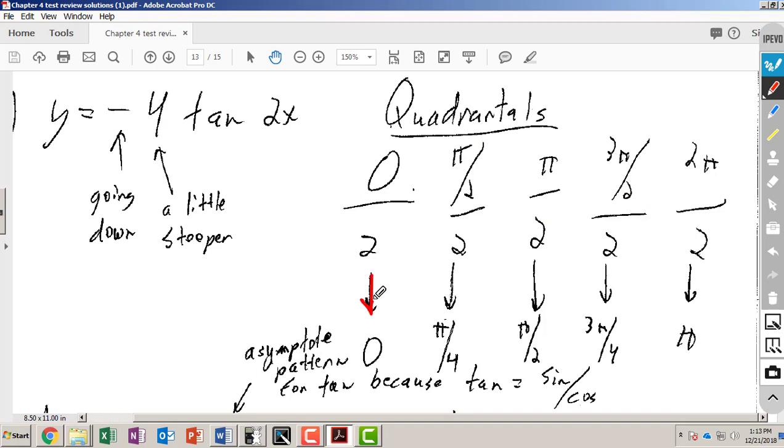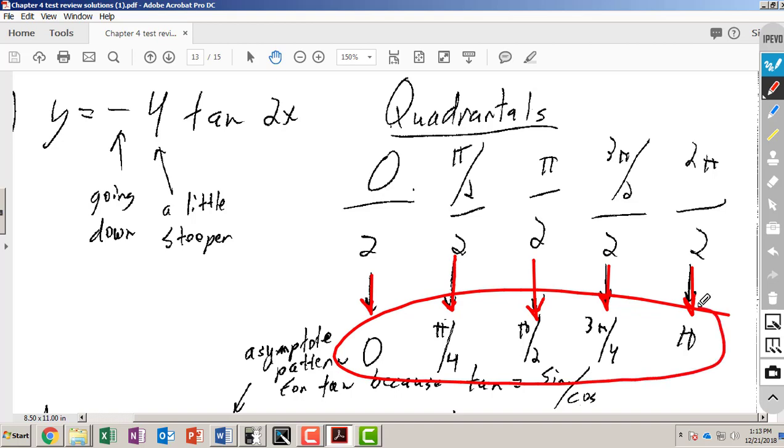So I'm showing that first quadrantal. Then pi over 2, I flip and multiply, I get pi over 4. Dividing by 2, that just stays at pi over 2. 3 pi over 2 divided by 2, I flip and multiply, I get 3 pi over 4. And 2 pi divided by 2 is going to be pi. So these are the main coordinates that are going to be found along your x-axis.